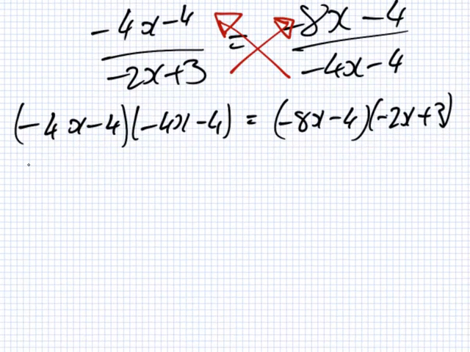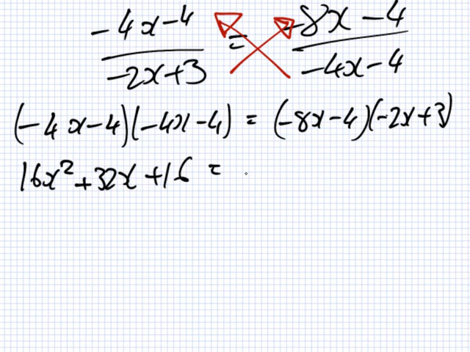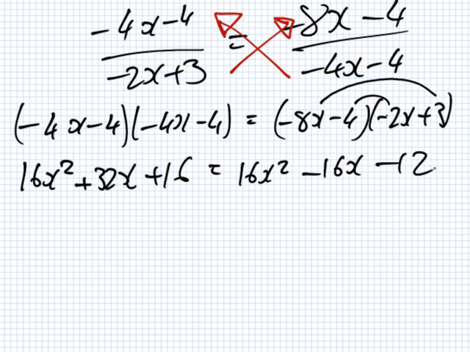So multiplying we get 16x squared plus 32x plus 16 equals 16x squared. Let me see, that's an 8x, that's a minus 24x, isn't it? So minus 16x minus 12. They cancel.